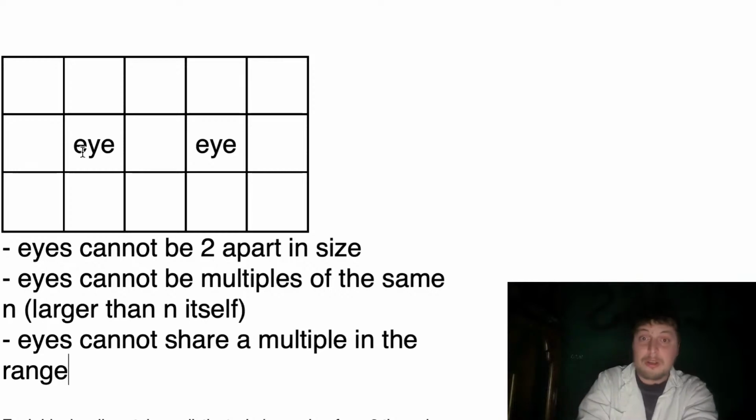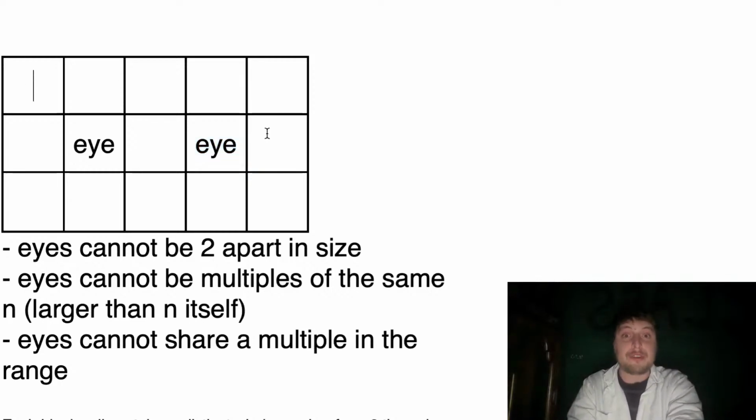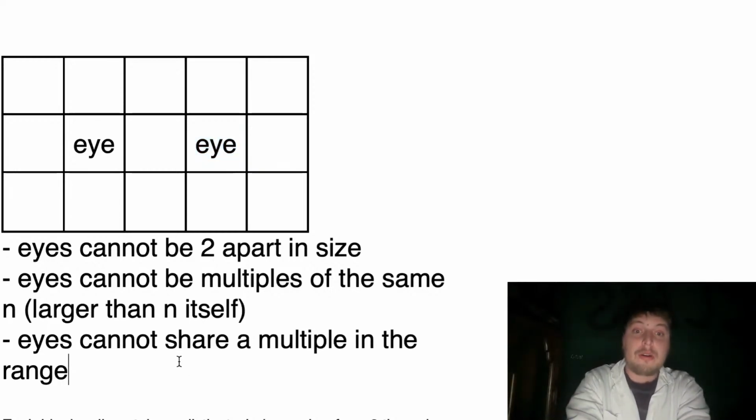For example, the eyes can't be a 3 and a 4, because where does 12 live? In this case, we go from 2 through 16 if filling this size. And so 3 and 5, nope, where's 15 going to live? So they cannot share a multiple in the range. These are just things we can deduce from our rules.